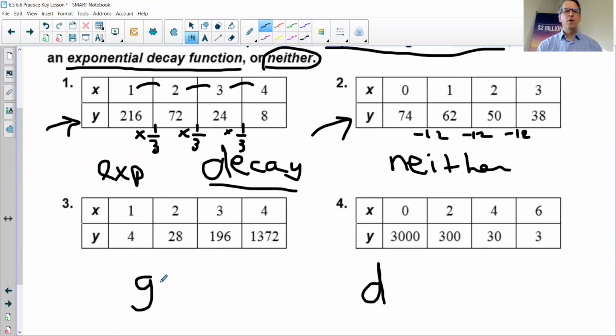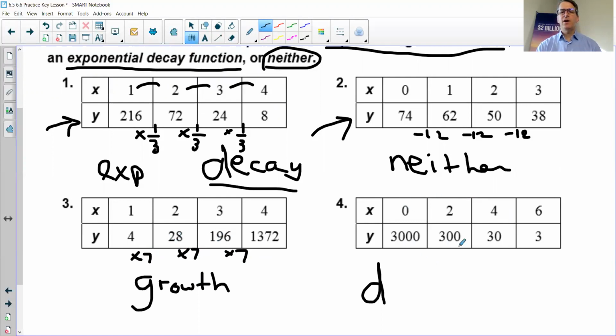Number 3 is exponential growth, and it's exponential growth because when you go from 4 to 28, you're multiplying by 7. 28 to 196, you're multiplying by 7. 196 to 1372, you're multiplying by 7. And the last one, you're going down as x goes up by 1.